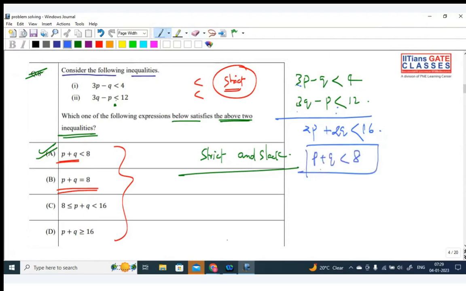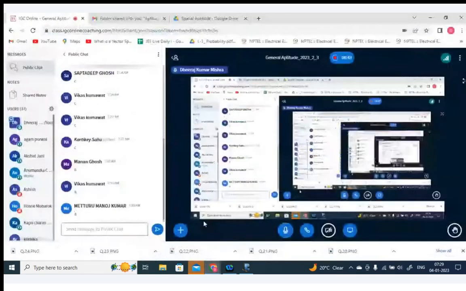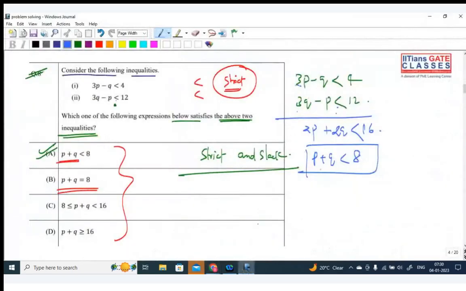I think anybody can solve this kind of question. I believe everyone understood this question, so without solving also you can solve this kind of question, right? You see, what I have done here is just I have added these two inequalities, inequality 1 and inequality 2. So we got the relation here, right? So which one of the following expressions satisfies the following inequality? So the answer is going to be A.